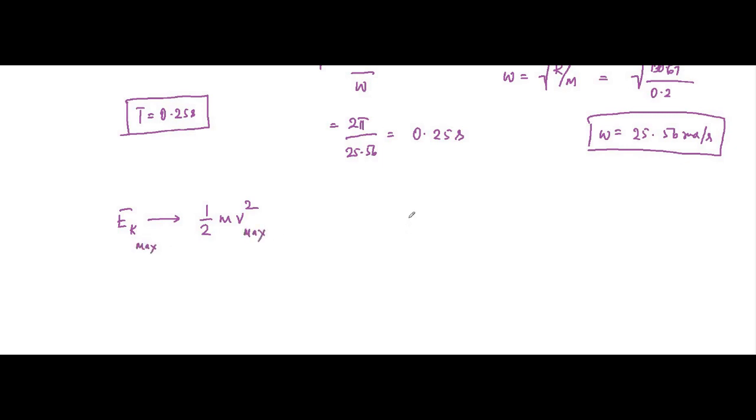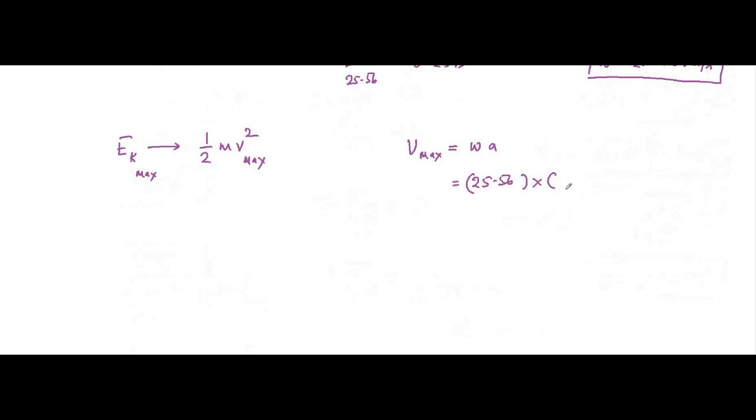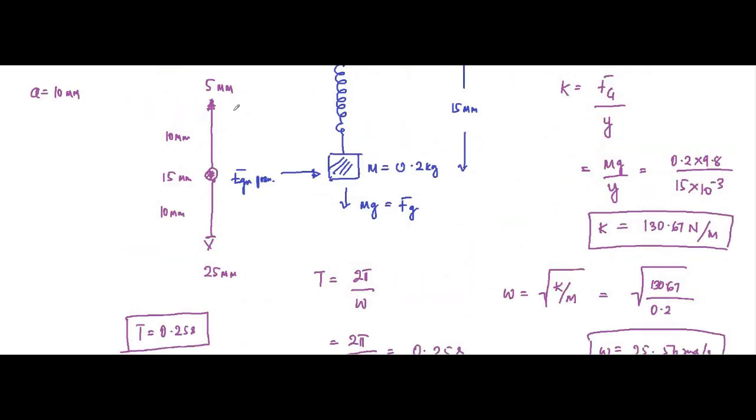So first we have to find v max for SHM, which we all know is equal to omega into A, where omega is the angular frequency and A is the amplitude. Omega we have calculated as 25.56 radians per second, and the amplitude is given as 10 millimeter. It is set into vertical oscillations of amplitude 10 millimeter. So here it is 10 millimeter.